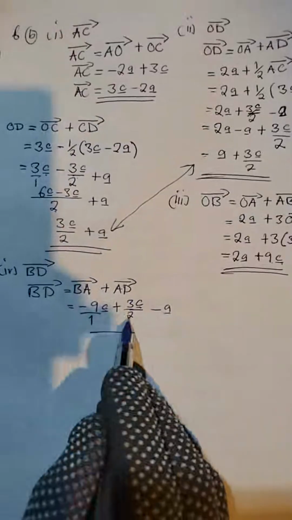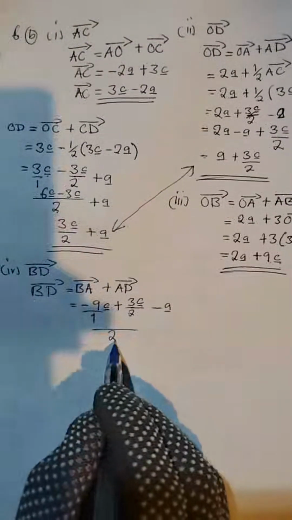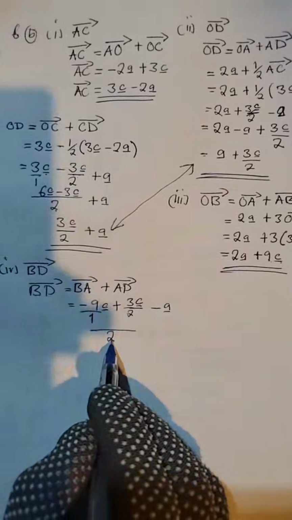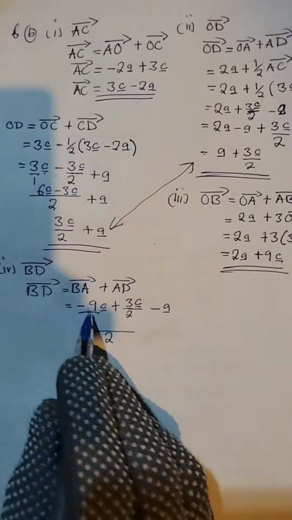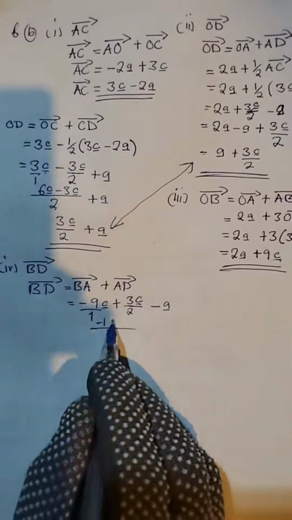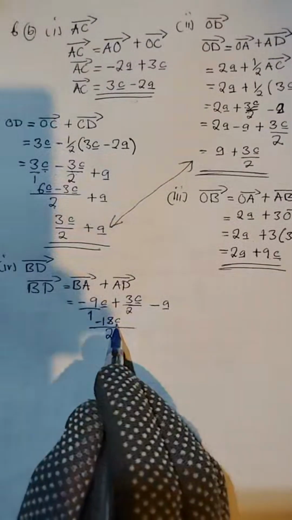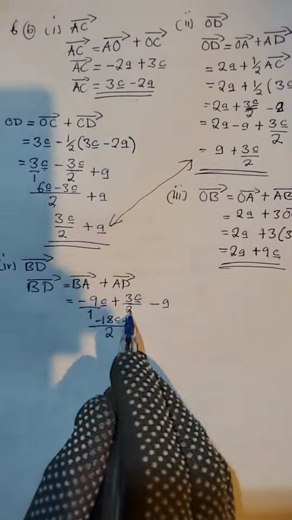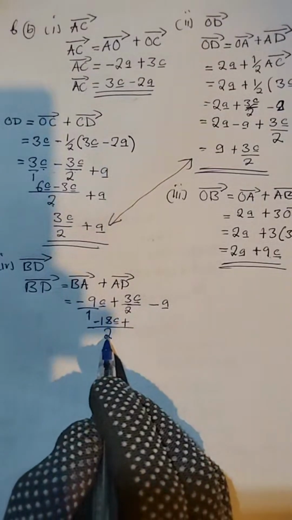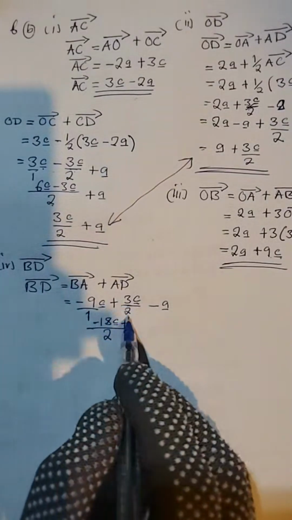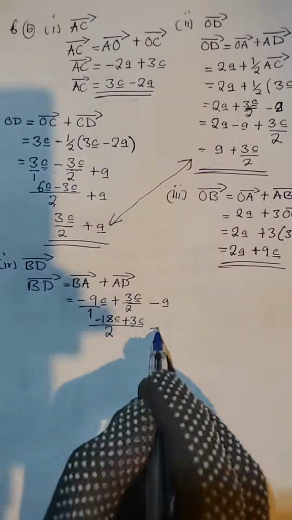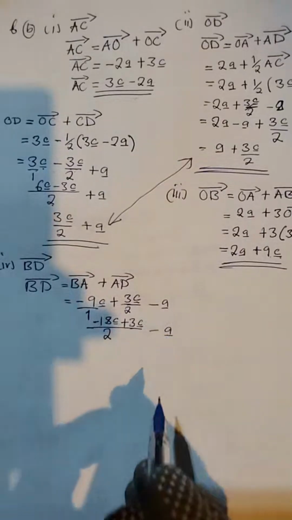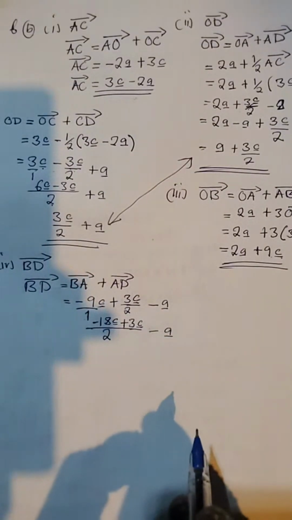Common denominator between 1 and 2 is 2. 1 into 2 is 2 times. 2 times negative 9 is negative 18 vector C, plus 2 into 2, 1. 1 multiplied by 3 is just 3C. Then here we have negative A. Is this negative A? Negative A. Cool.